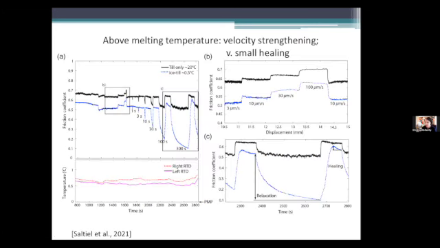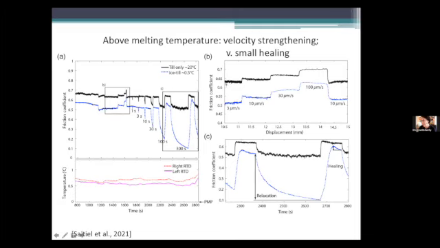And here are some of his results. I recommend you look up his paper, but looking at warm temperatures above the melting temperature, here is a till only, with that metal instead of an ice block, versus the ice till. Zooming in, here are the velocity steps, and then here are the slide-hold-slides over there.